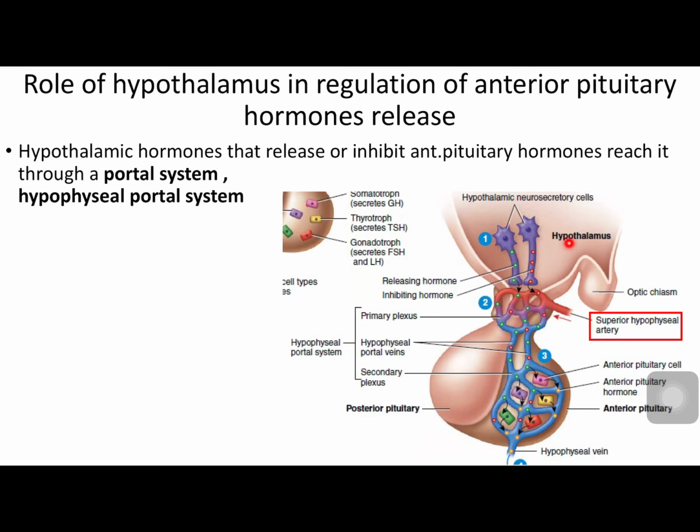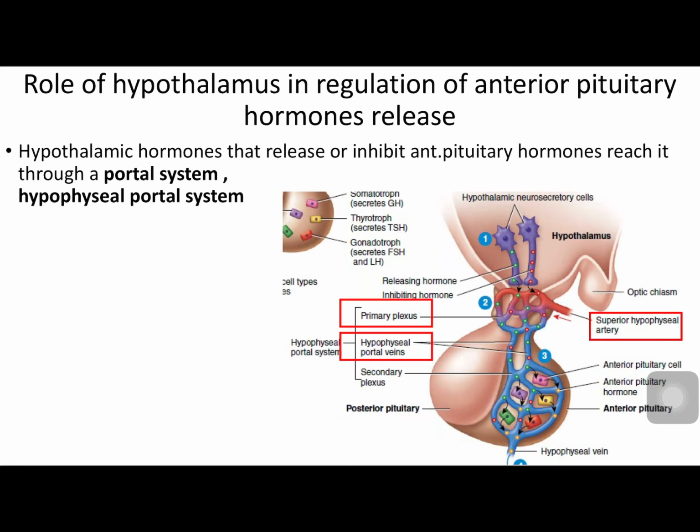These neurosecretory cells cause the release of hormones into a plexus of capillaries formed from the superior hypophyseal artery, which is a branch of the internal carotid artery. So the hormones are released into the primary plexus, a set of capillary network. This primary capillary plexus fuses to form the hypophyseal portal vein.